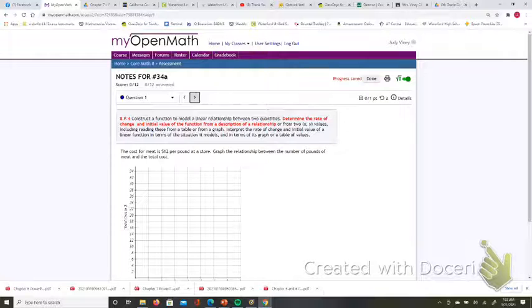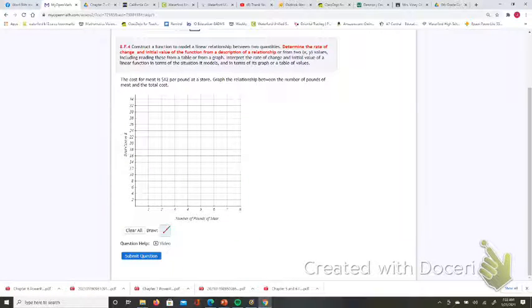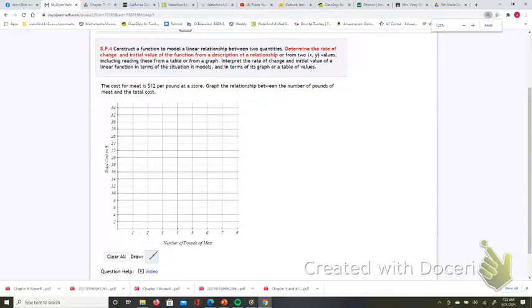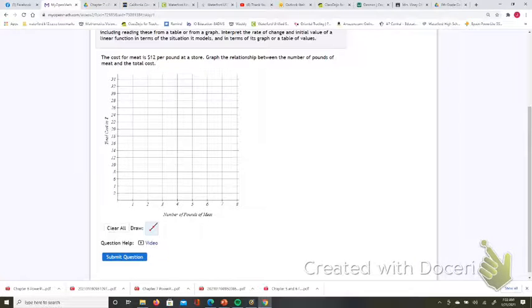So this lesson is all about taking information that's given to you and drawing the graph. So it says the cost for meat is $12 per pound at a store. Graph the relationship between the number of pounds of meat and the total cost. Okay, so if we buy 0 pounds, it's going to cost us $0.